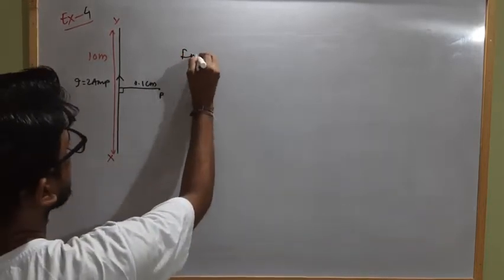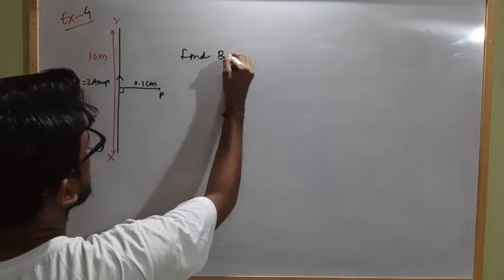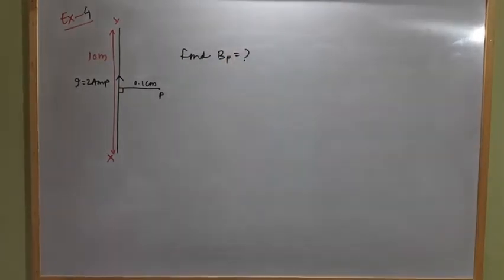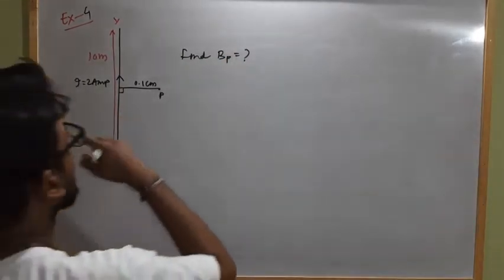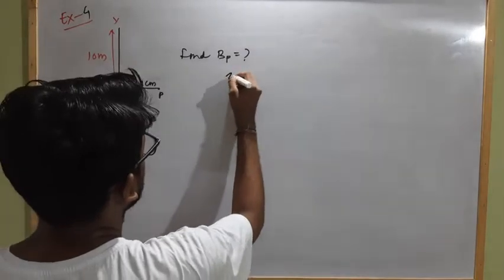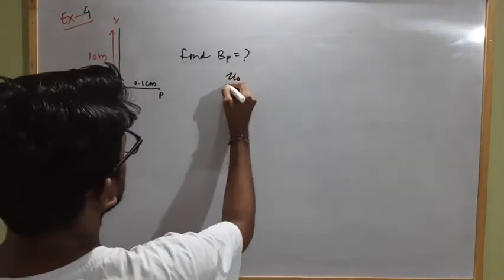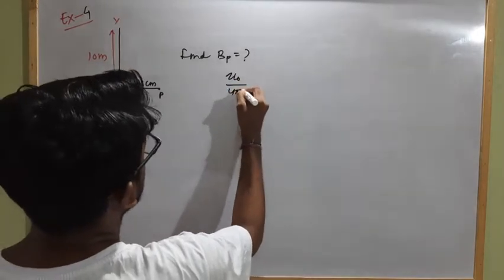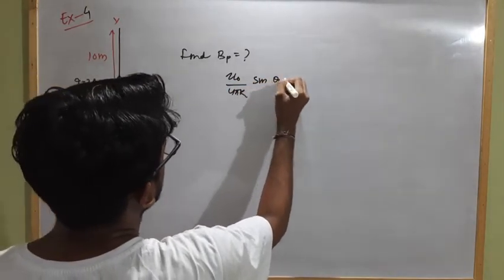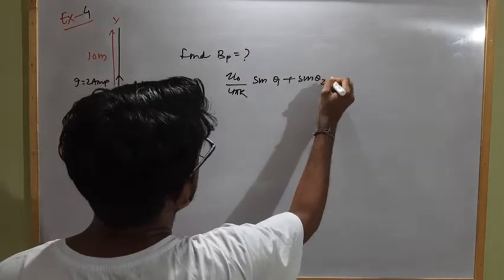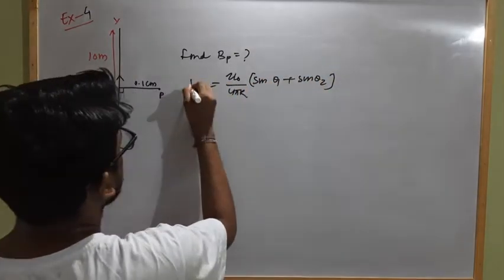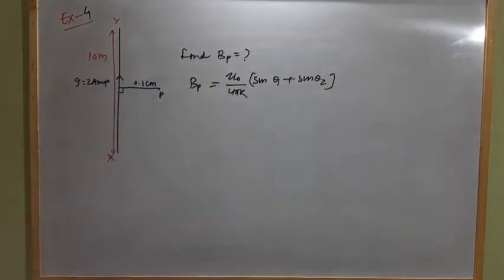Find B at P. Okay, so as we know, for a long straight current carrying conductor, mu naught by 4 pi r, sin theta 1 plus sin theta 2 will be the value of magnetic field at P. Clear?